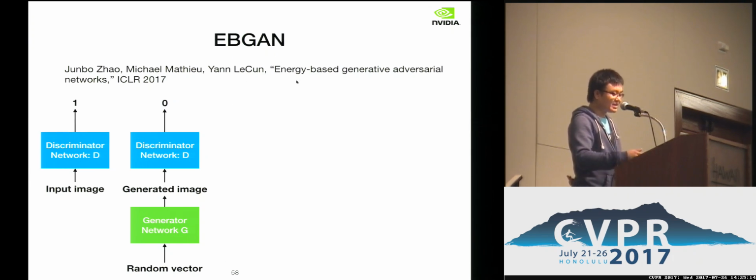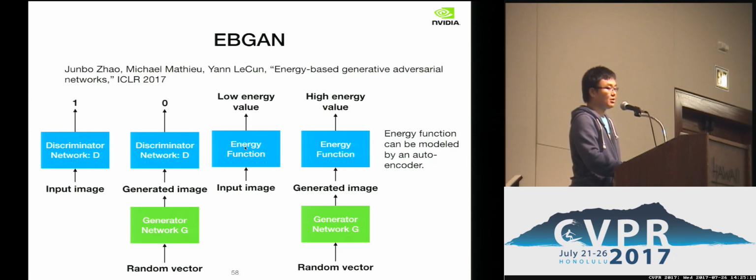In EBGAN, the energy-based generative adversarial network, they replace the discriminator with an energy function. For an image sampled from the dataset, the true image, you want it to have a low energy. And for an image coming from the generator network, you want it to have a high energy.